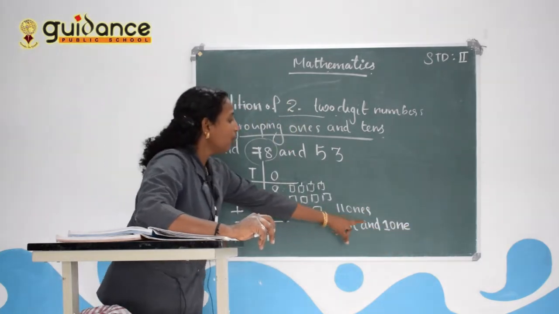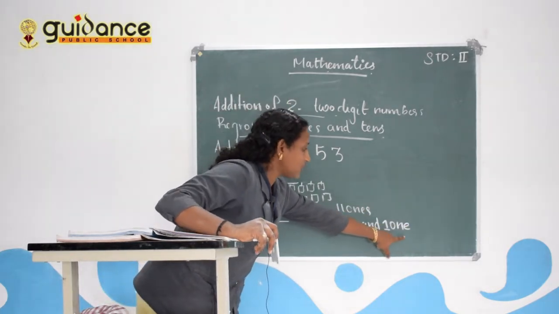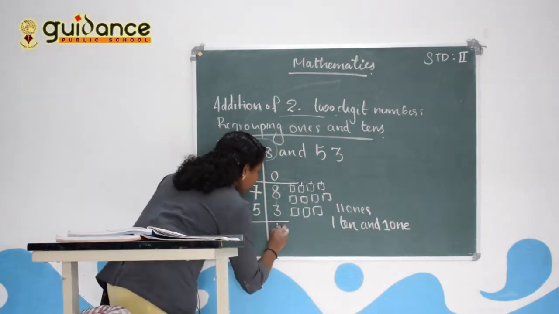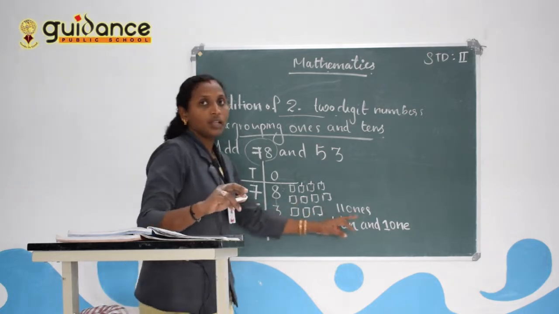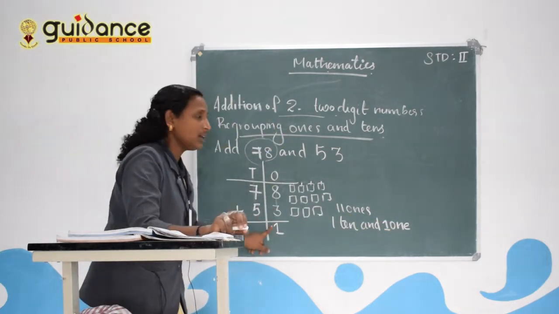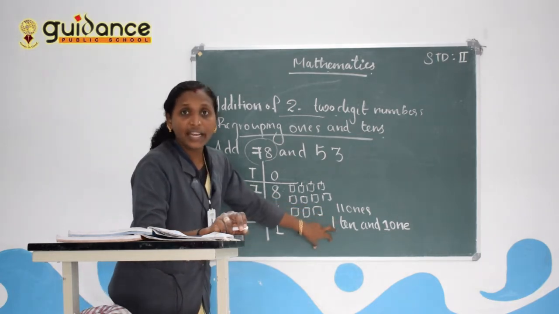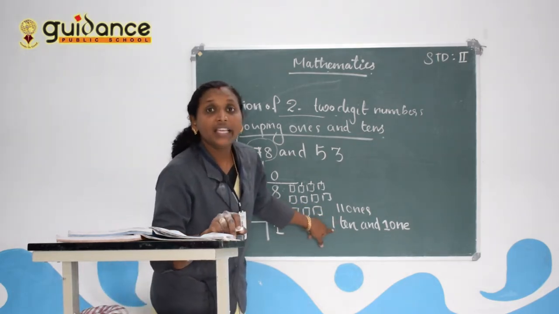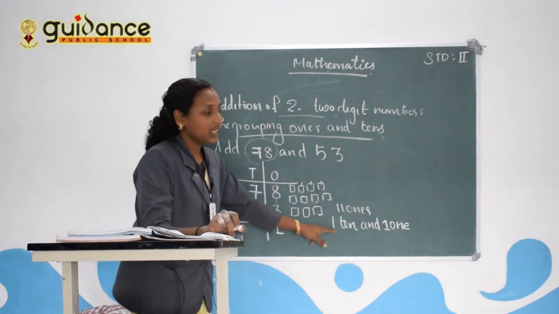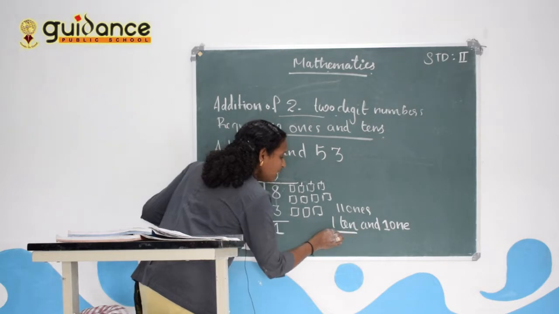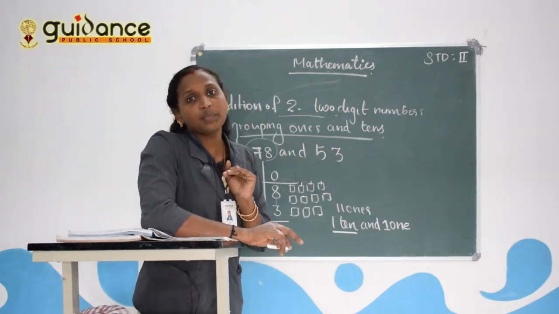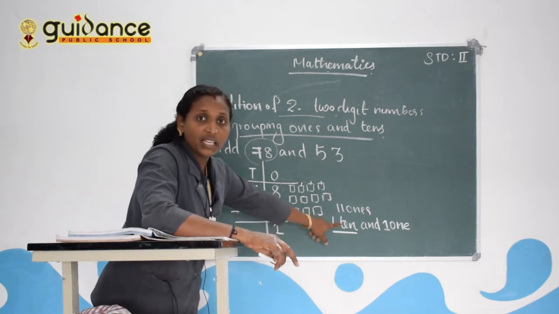So write this 1 in the ones place, that means here write 1. So 1 can be written in the ones place and the 1 ten is carried over into the tens place. That means how many tens?